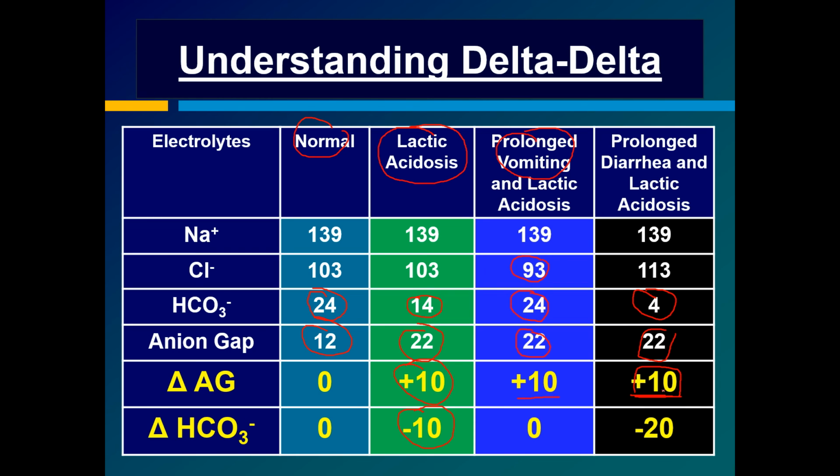And the only condition that will do that is a non-gap metabolic acidosis. So this particular patient has, again, two conditions going on. It's a mixed acid-base disorder. They have an increased anion gap metabolic acidosis, and you can tell that by the anion gap being elevated at 22. But in addition, there's a non-gap metabolic acidosis.